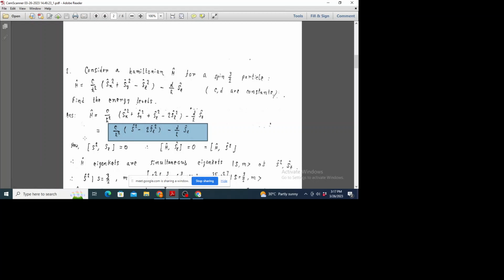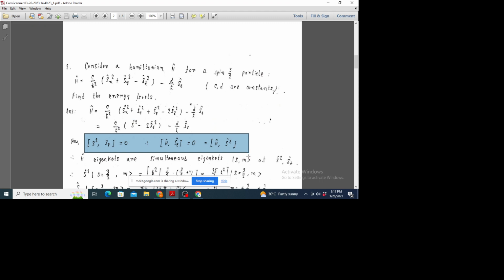Now it is very much recognizable that the simultaneous eigenstates can be taken to be those of S square and Sz. As you see, the Hamiltonian commutes with Sz because Sz commutes with S square, and of course the Hamiltonian also commutes with S square.